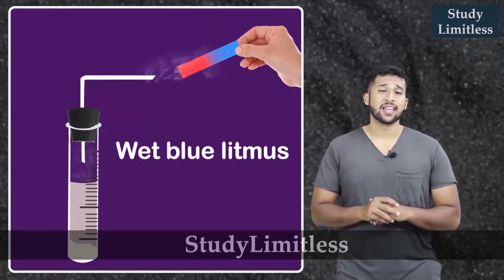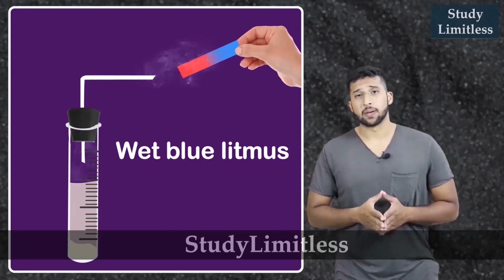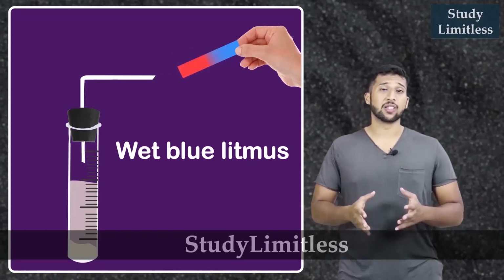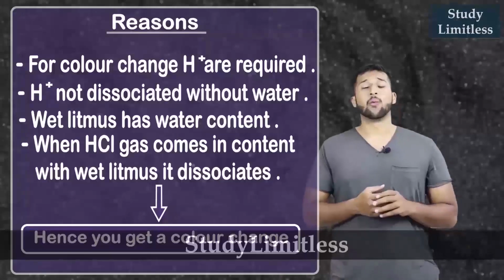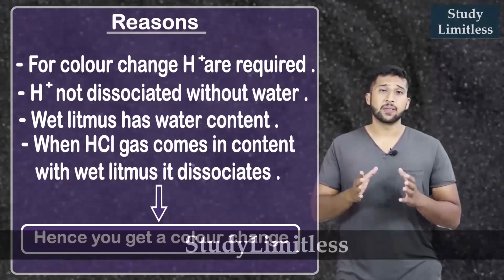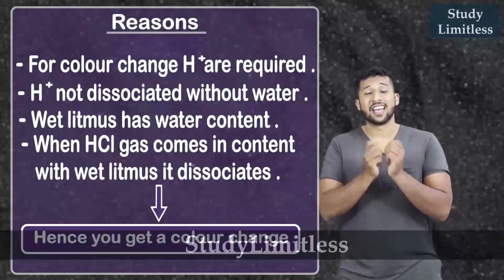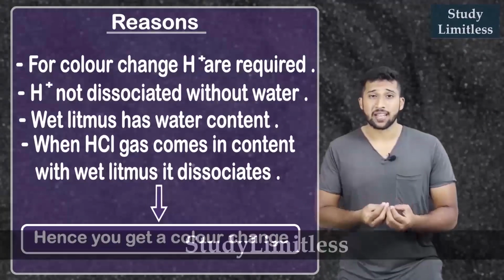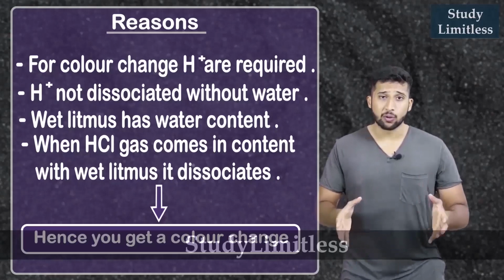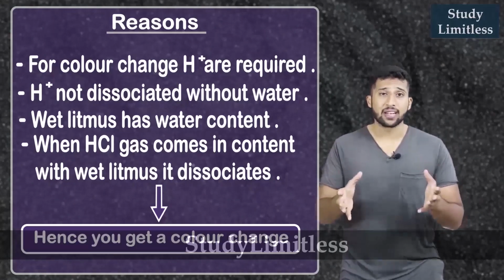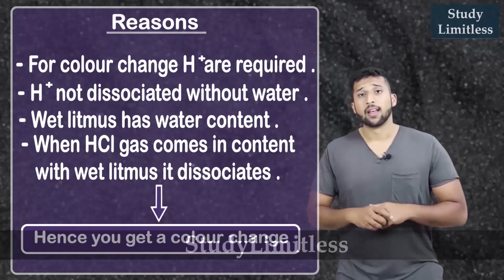Now why is it that there was no color change when you had the dry litmus paper and you get a color change when you have a wet litmus paper? The reason is simple. A litmus paper shows a color change when it gets H plus ions, and H plus ions are not directly available when you have a concentrated acid which is not dissolved in water.